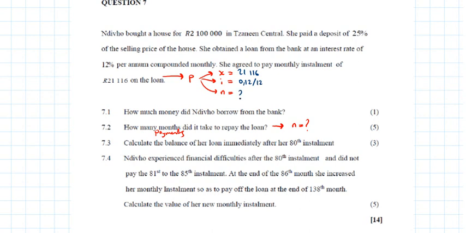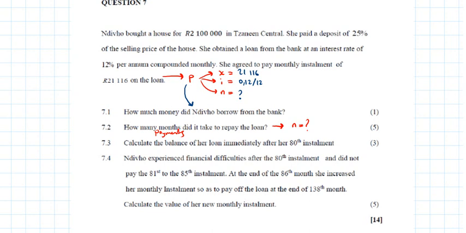And what is P? P is the amount. We actually answered it in 7.1, the amount taken. So it's only n that is missing. You need to leave n alone, and you have to use log to find n.